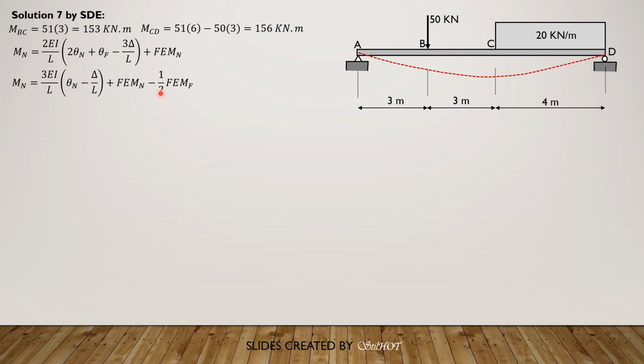Then for the fixed moment near, if A is near, the left point is near, then it is negative. It is negative because the sense is counterclockwise. But if the near end is on the right side, the fixed moment there is positive, and vice versa.